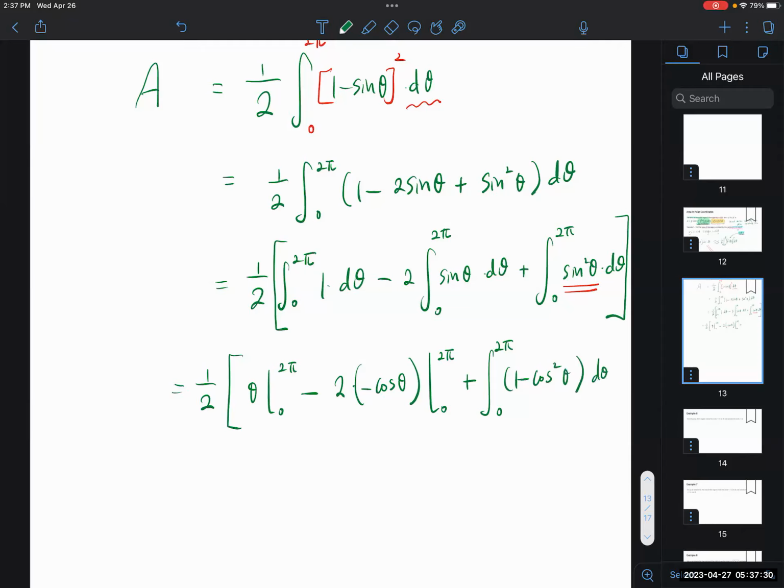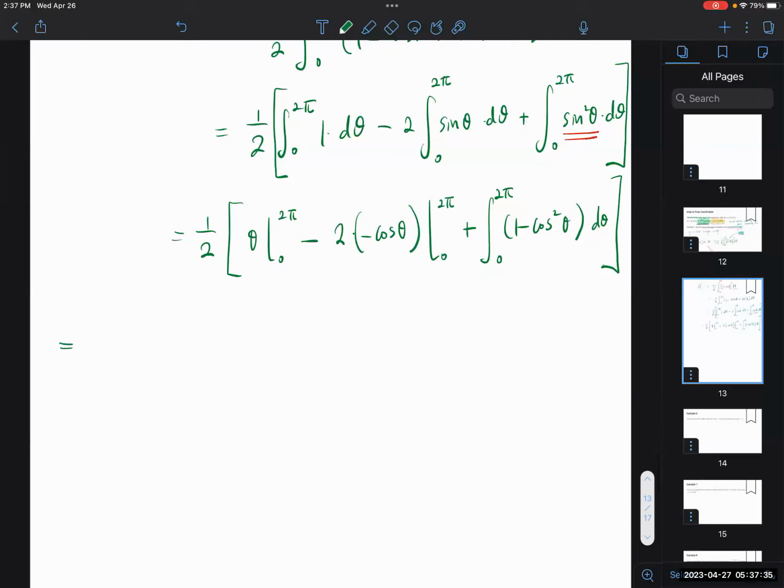They're the same thing. So 1/2, we have theta, this is going to be 2 pi minus 0 is 2 pi, and double negative changes it to 2 cosine theta, 0 to 2 pi.